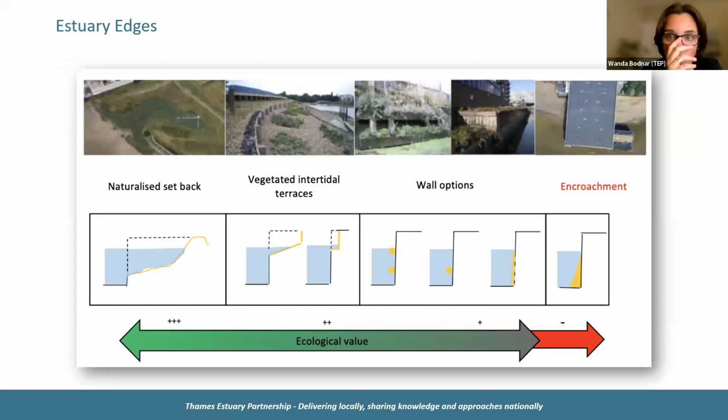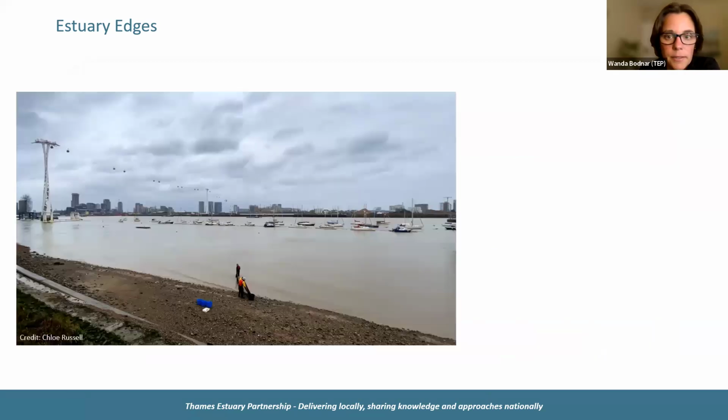These sites have a diverse range of flora and are categorized based on design principles, which are naturalized setbacks, vegetated intertidal terraces, vertical walls, and encroachment. Since 2017, the Thames Estuary Partnership has taken the lead in conducting annual fauna surveys with the primary focus on demonstrating the utilization of these sites by aquatic fauna, particularly juvenile fish.